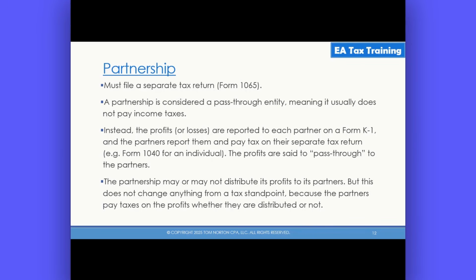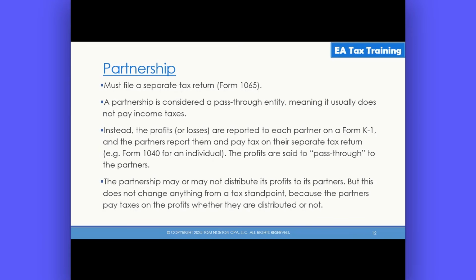For a partnership, you do have to file a separate tax return. It is called a Form 1065. The partnership is considered a pass-through entity for tax purposes, meaning it usually does not pay income taxes itself. So you don't have income tax at the partnership level.